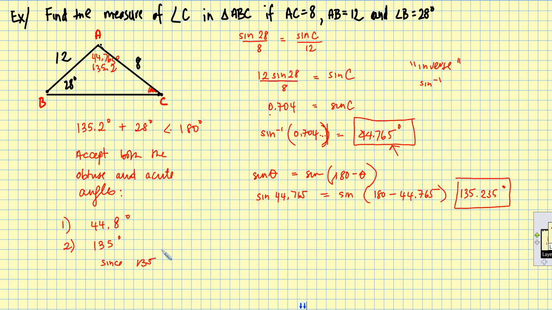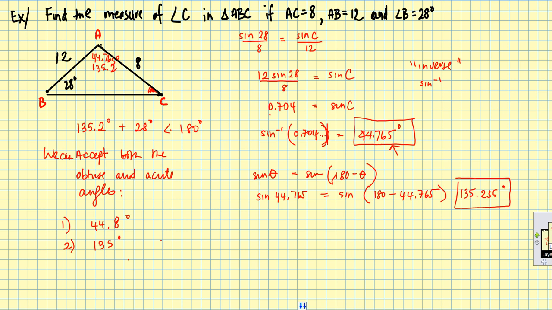Since 135 plus 28 is less than 180, we can accept both the obtuse and acute angles. If the 135 had been added to another number which made the sum greater than 180, then I would reject that solution.